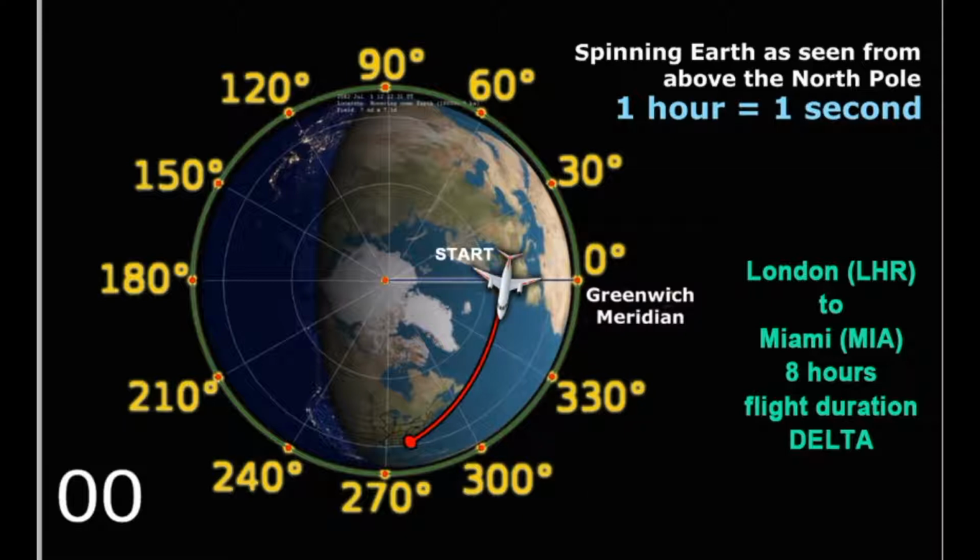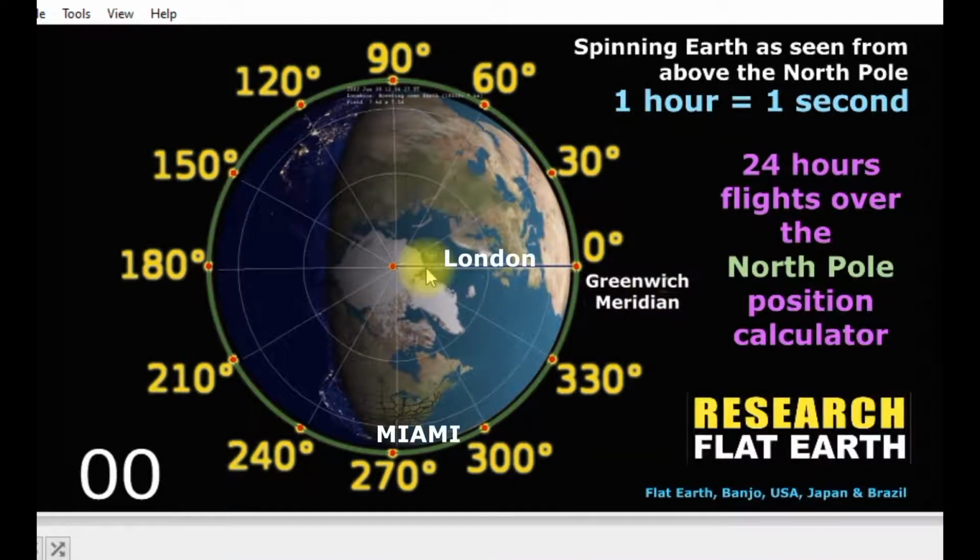This is the video of the timer right here. Remember, London's right here, Miami. Let's stop at 8 seconds. You see, remember the plane is taking off from London towards Miami. At the same time, the Earth is rotating from west to east. Okay, so let's go ahead and start the timer.